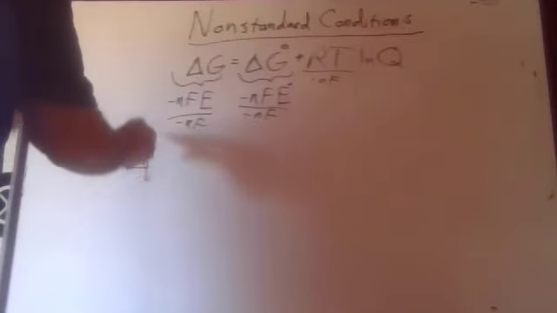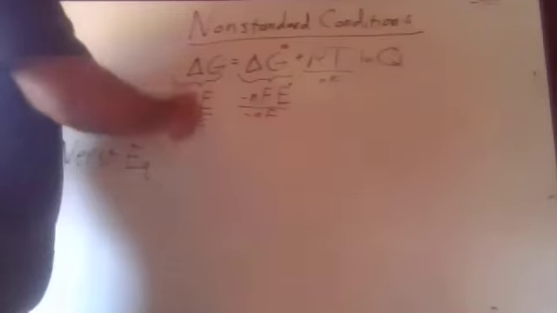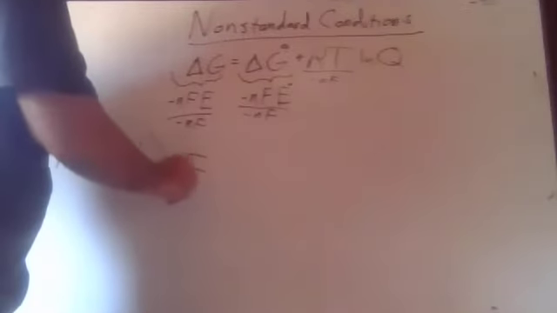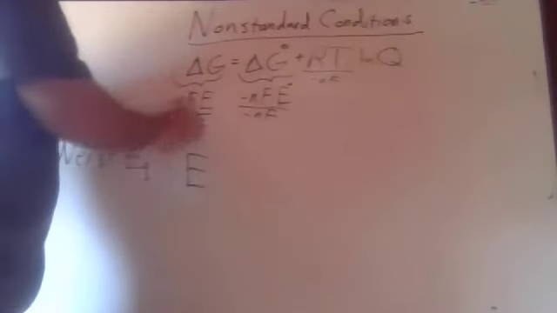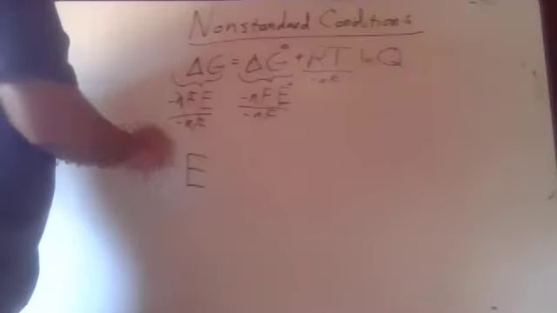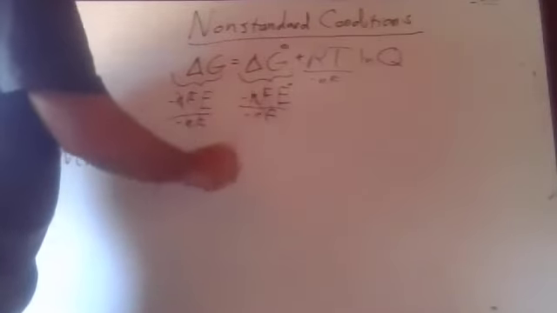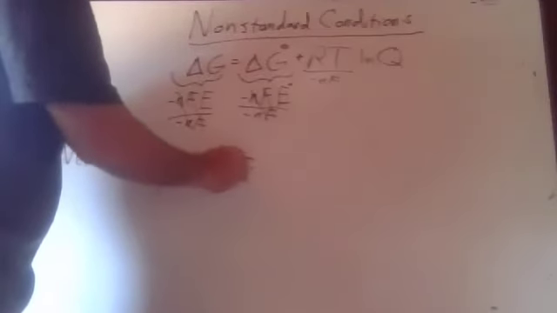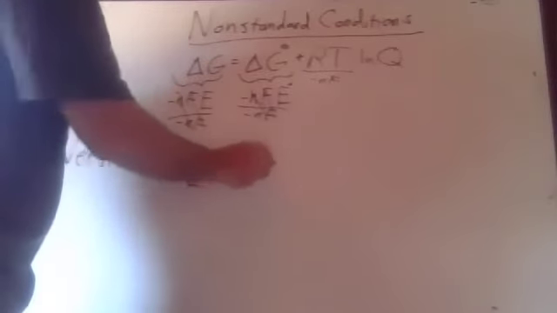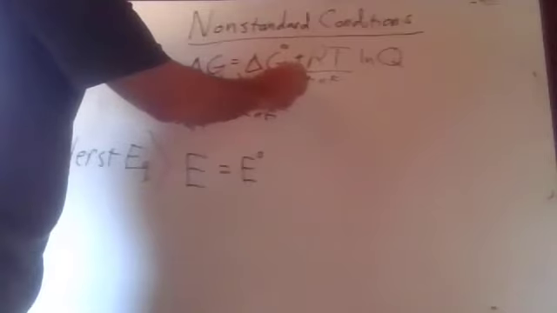This is called the Nernst equation. So this side would just be the E, because all this stuff cancels out. This side would just be E0 right here, because this cancels out. This would have a minus sign, so it'd be minus this expression.